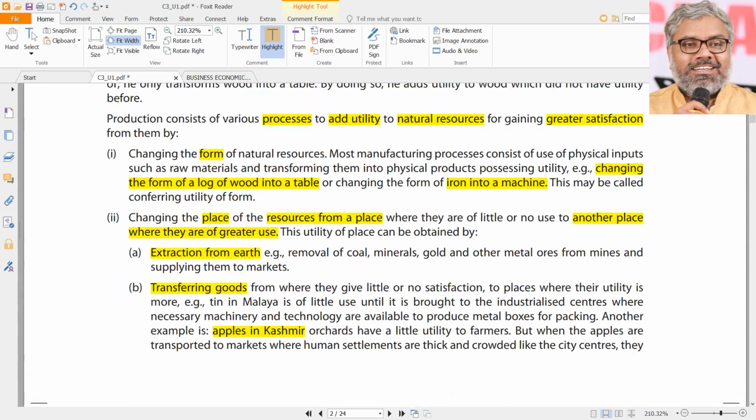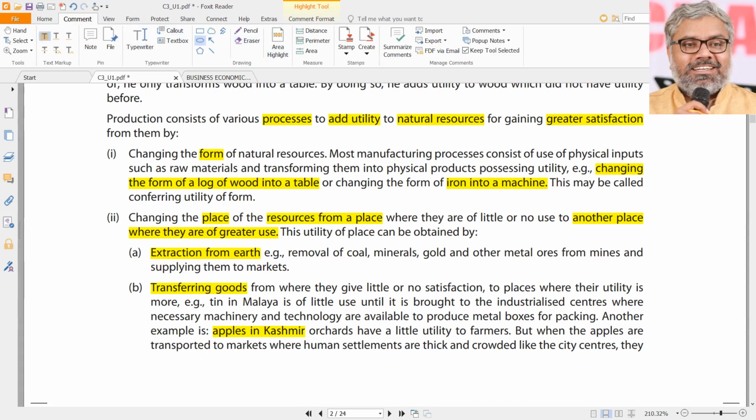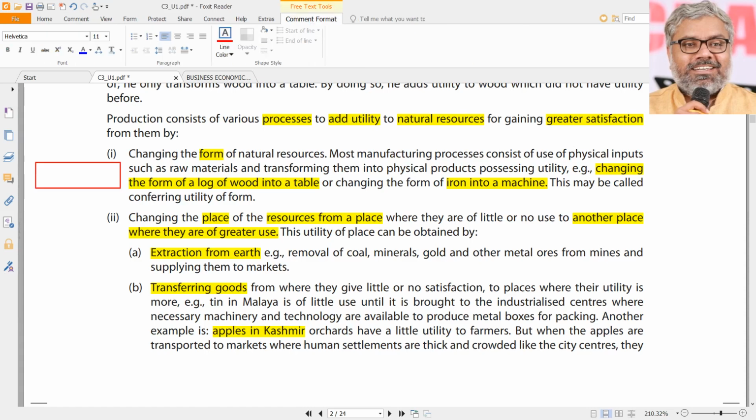Okay. Utility of form is created by the production process itself. So this is the actual production process. Form utility is created by the production process, or let us say the core process, or manufacturing, let us call it. That is manufacture.